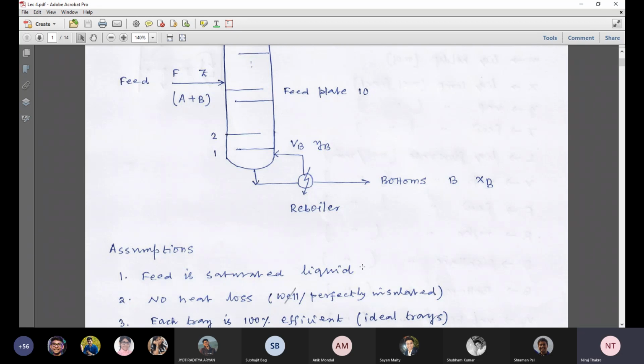The second one is quite a common assumption for most processes, that is, no heat loss. It means the column is perfectly insulated. There is no heat loss from the column to the surroundings. It is only possible if the column is perfectly insulated.